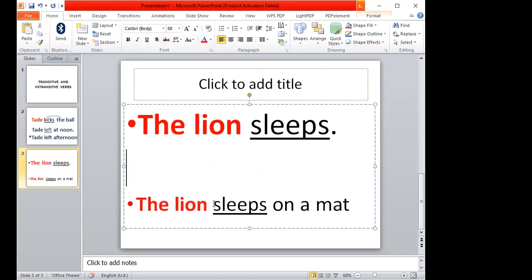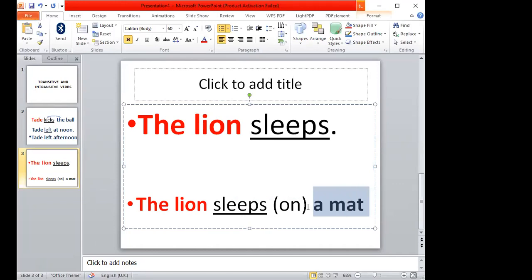this, I have my verb. Now, at this point, there is something coming in between my verb and my supposed object. This would have been my supposed object. Grammatically, this is an object because the lion is carrying out this action on this noun.